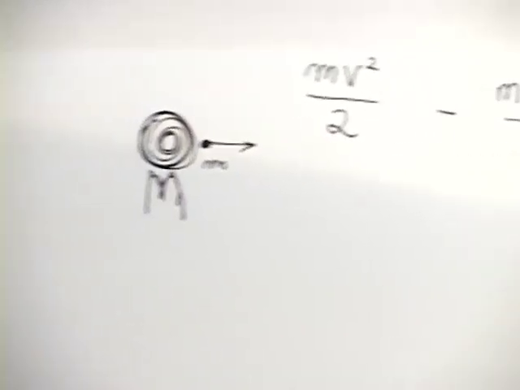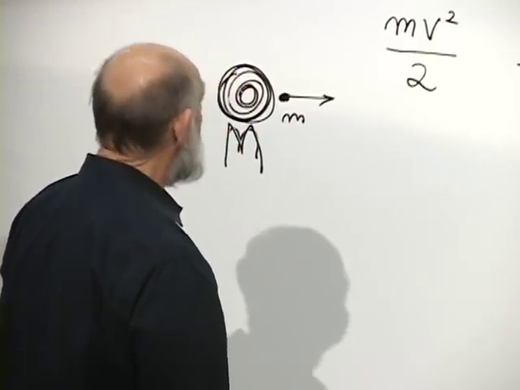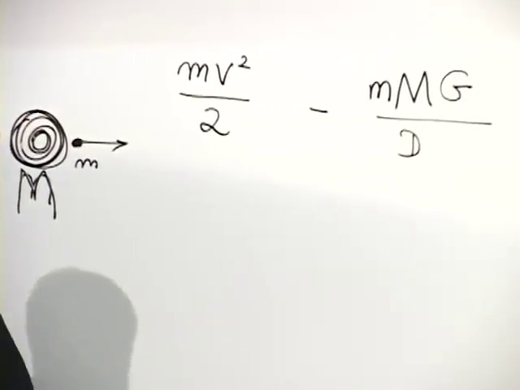Now remember, forces always push in the direction to decrease potential energy. The gravitational field of the Earth pulls in a direction which decreases the potential energy of this pen. So force pushes you in the direction of decreasing potential energy. Did I get this? Sorry, it's plus, isn't it? No, it's minus.